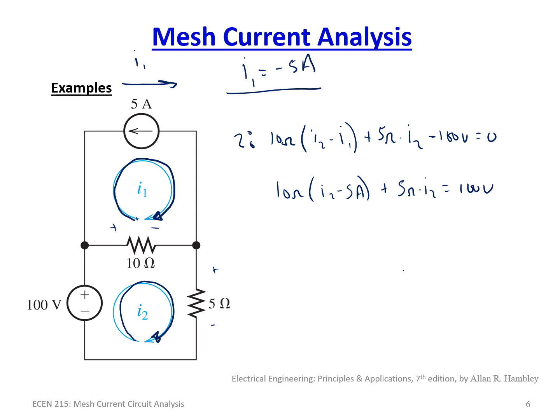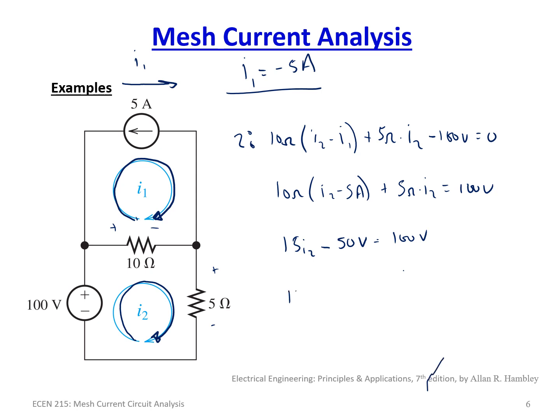So let's break this down a little bit further. We got 10 and 5, so we got 15 I2 minus 50 volts is equal to 100 volts. So I think at this point we can easily solve I2.